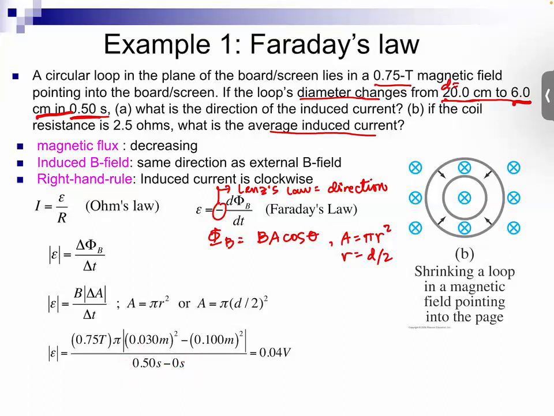The problem says that the diameter decreases over 0.5 seconds, and that will give you a voltage of 0.04 volts. Then using Ohm's law, voltage 0.04 volts divided by the resistance 2.5 ohms should give you the current, 1.7 times 10 to the minus 2 amperes.